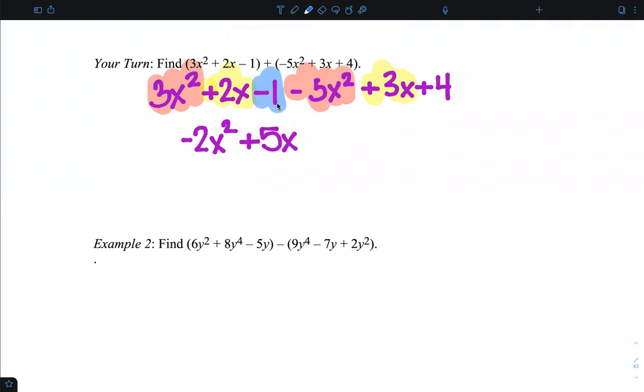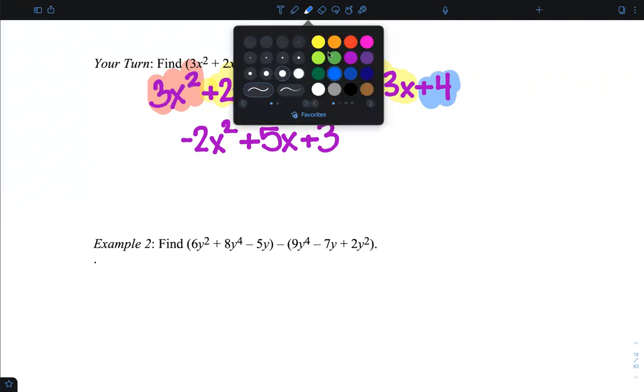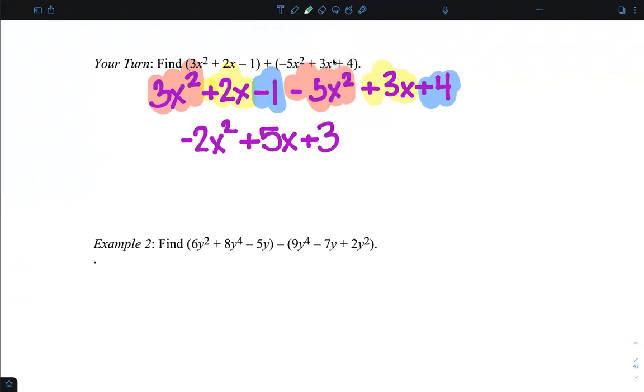And finally, a minus 1 and a plus 4. So 4 minus 1 gives me a plus 3. It's super early in the morning, so I hope I'm adding everything correctly here. So 3x squared minus 5x squared is negative 2x squared. Positive 2x plus 3x is 5x, and 4 minus 1 is 3.